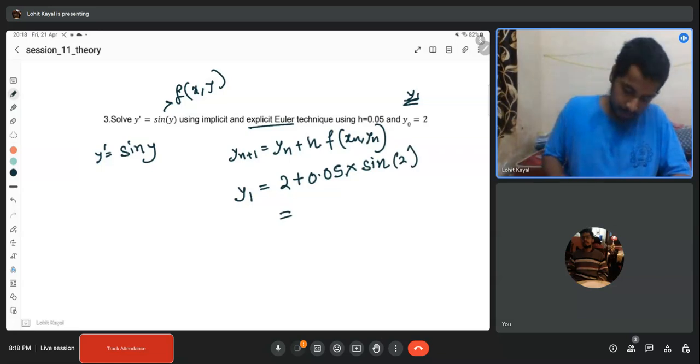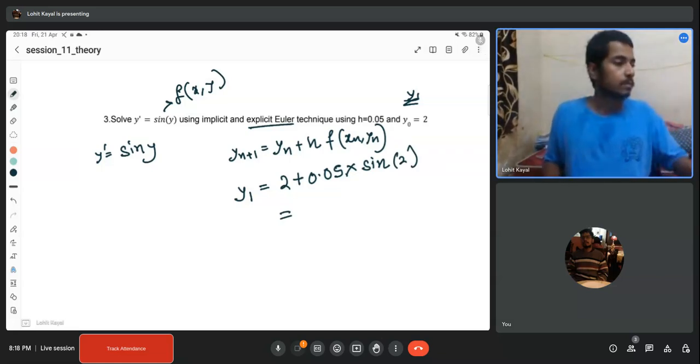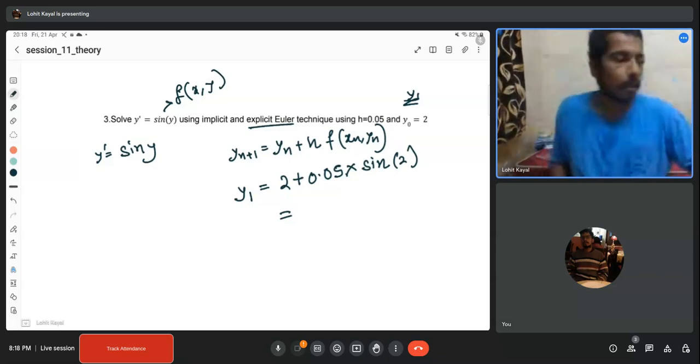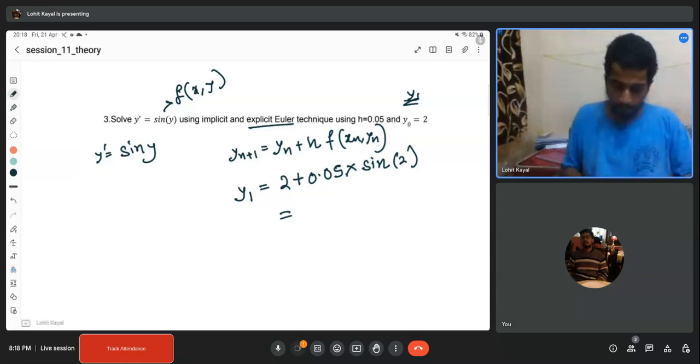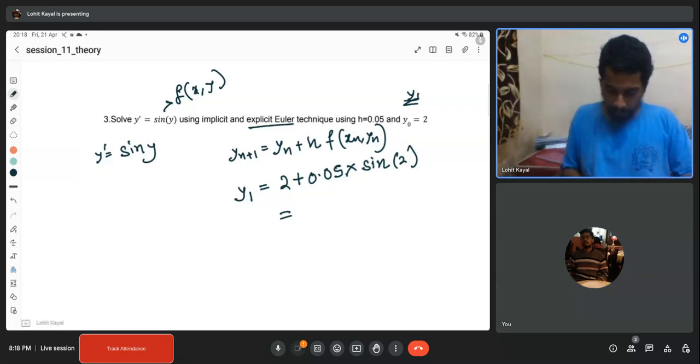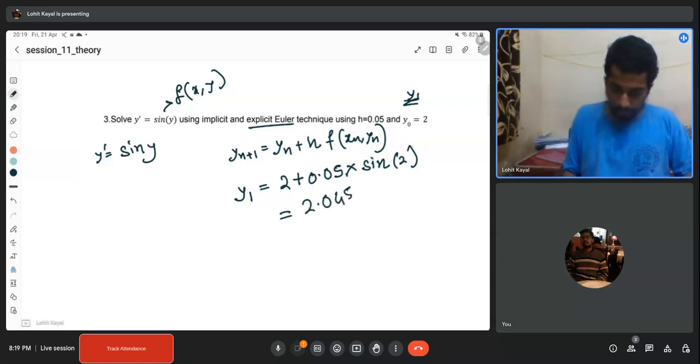Let me find it in the calculator. It is 2 plus 0.05 times sine of 2, and the answer from my calculator is 2.04546 and so on.